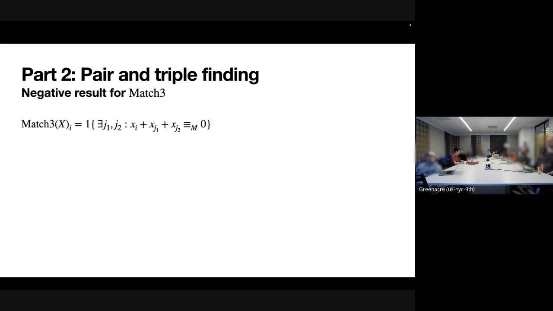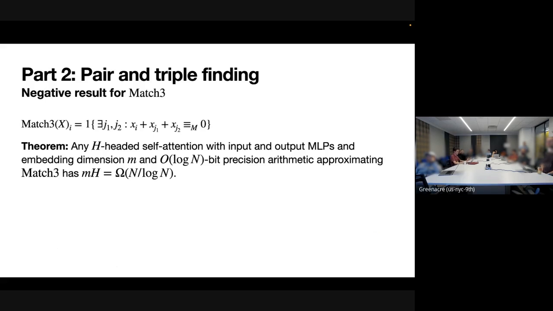For the negative result, I'll give the theorem, but I don't think I'll go into the proof in that much detail. The key idea is that if we now go to this match 3 problem, and we want to do it using a single layer of self-attention, where you have h heads and embedding dimension m and log n bit precision, then the only way you can approximate this is if the embedding dimension times the number of heads effectively grows linearly in the sequence length.